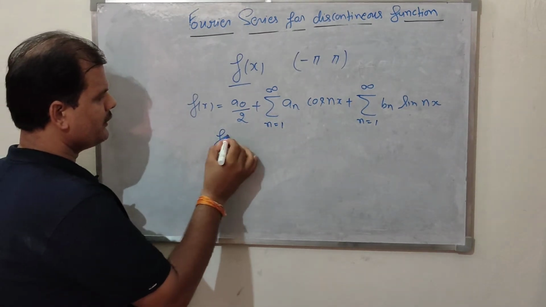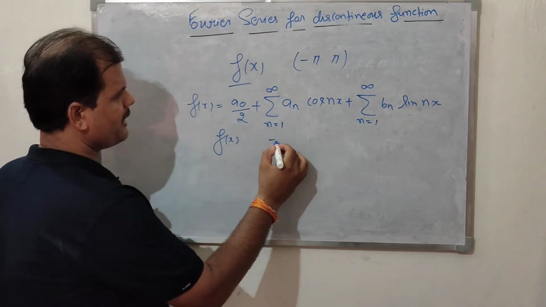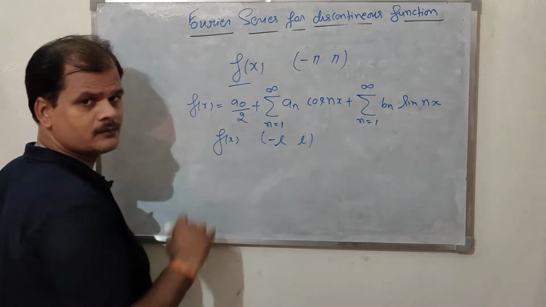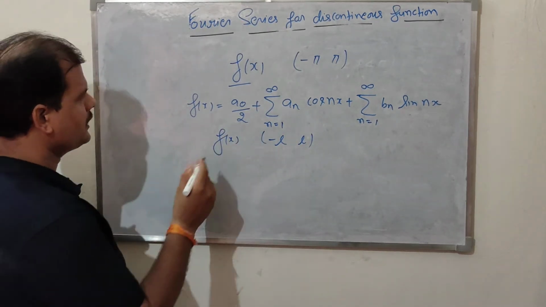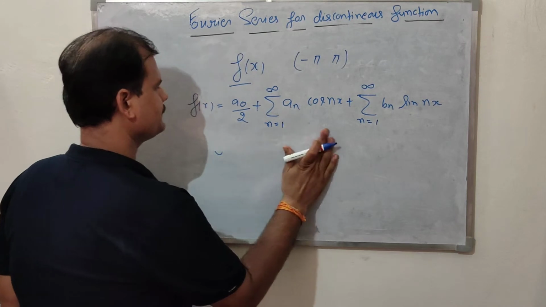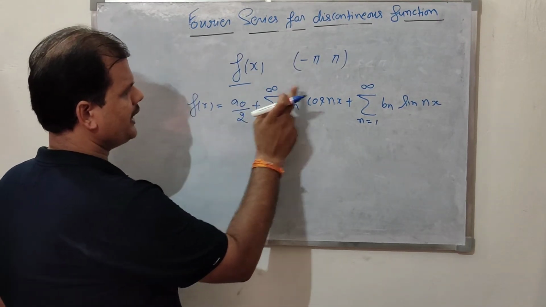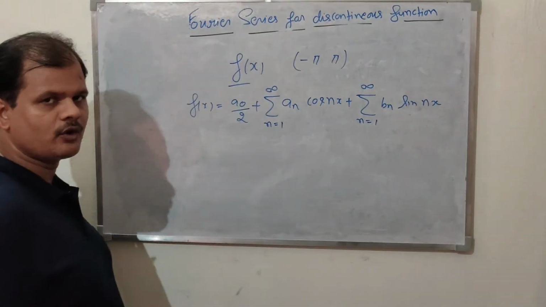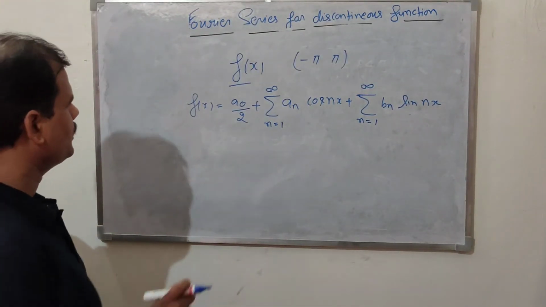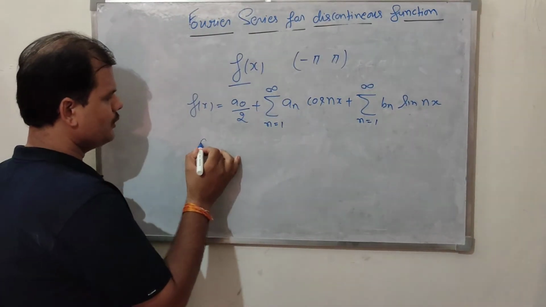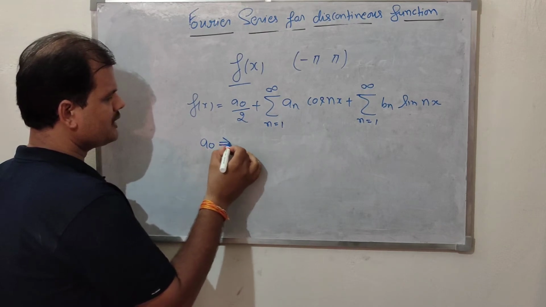Now let me explain a0, an, bn. These are the Fourier coefficients, and we can write a0, an, bn using the Euler formula.